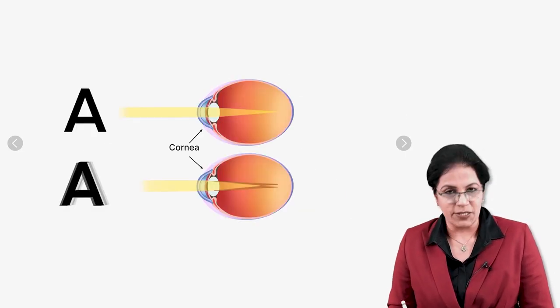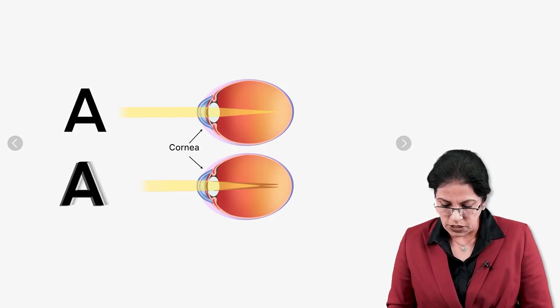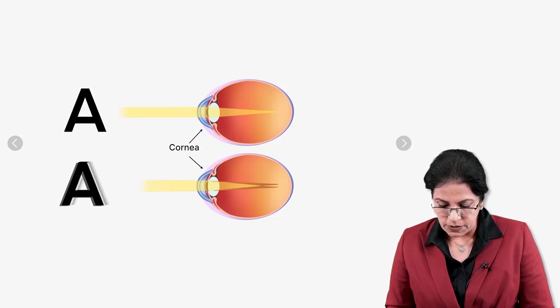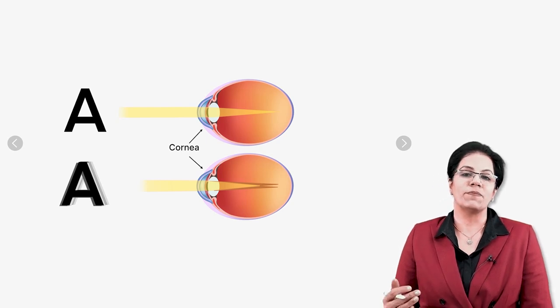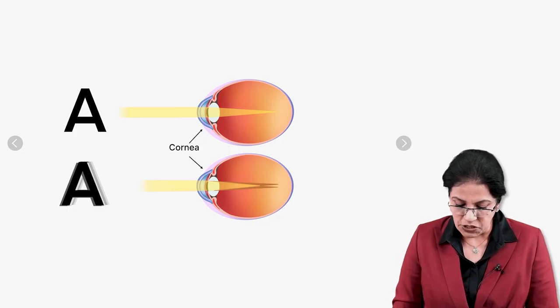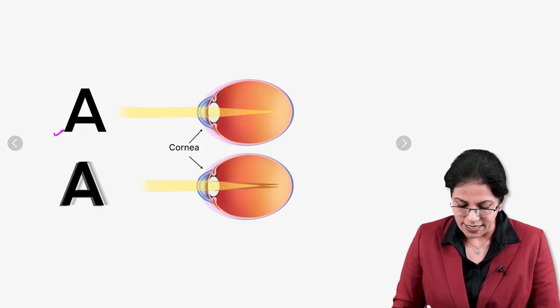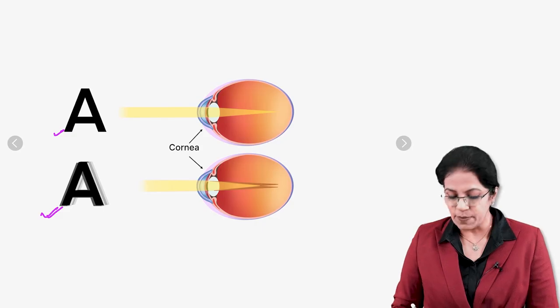So, how will a patient of astigmatism look at things? If you go to the optics, the focusing is at a single focal point in an emmetropic eye or even in a simple refractive error. But when there is astigmatism, this patient, instead of seeing a letter like this, sees it something like this. It is blurred. Why is it blurred?